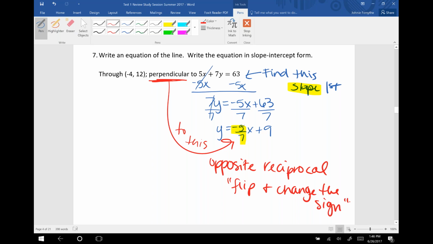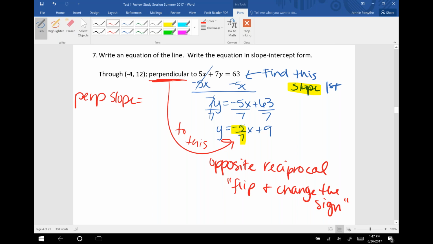So after we do that, then we're going to have the slope that we need for our equation. So if the slope of the given equation happens to be negative 5 over 7, we need our perpendicular slope to be, flip it, 7 over 5 and change the sign.